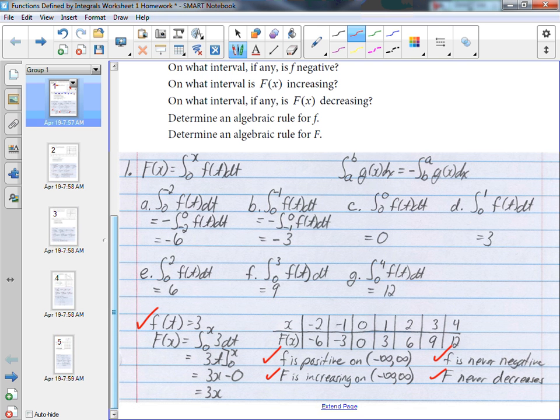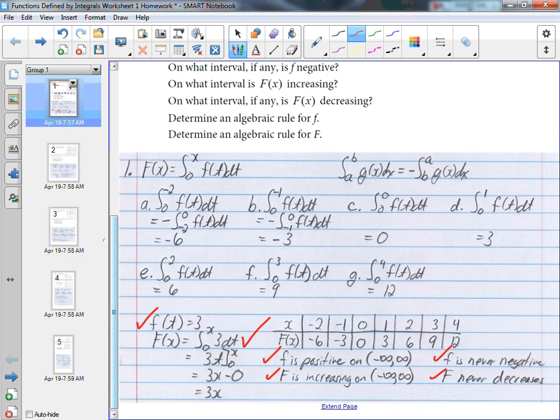And then they want us to determine an algebraic rule for capital F. Well, okay, that means work out the integral. All right, capital F of x is defined to be the integral from 0 to x of f of t dt. Now that we know f of t is 3, capital F of x equals the integral from 0 to x of 3 dt.